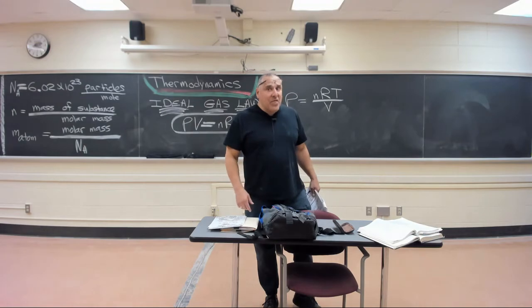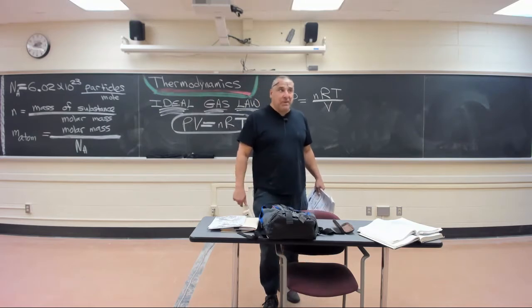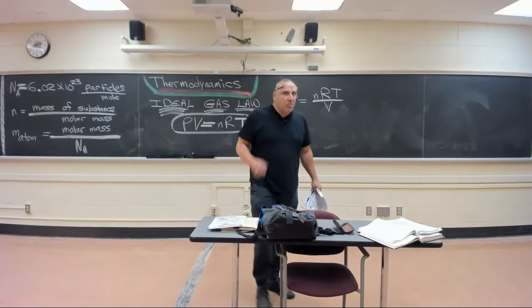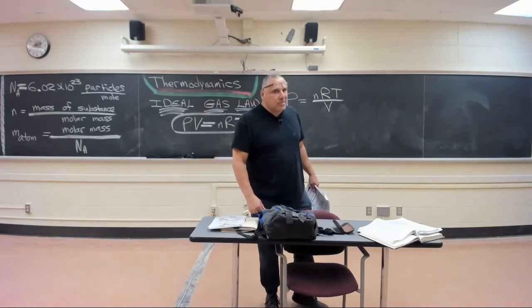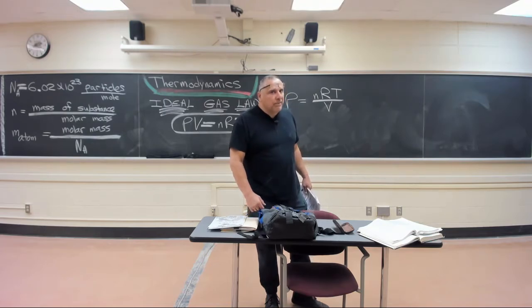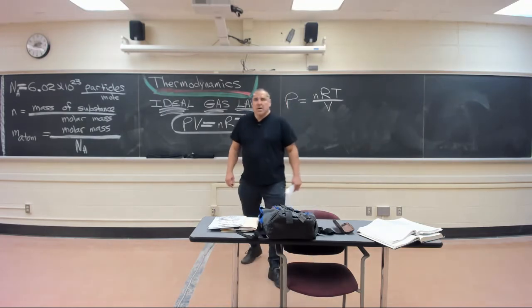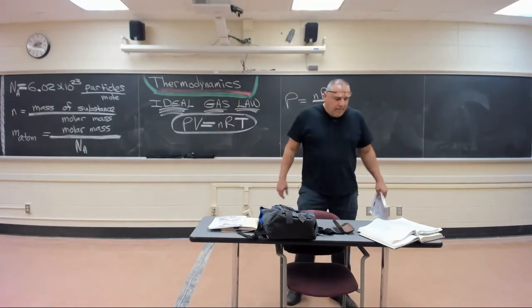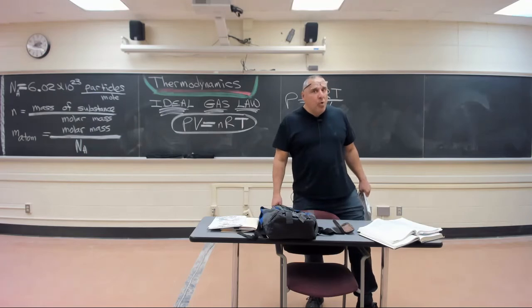The faster they're going when they collide, the bigger the collision, the more hit to the wall, the more pressure. Force per unit area is pressure. So the faster they move, the more that affects pressure.